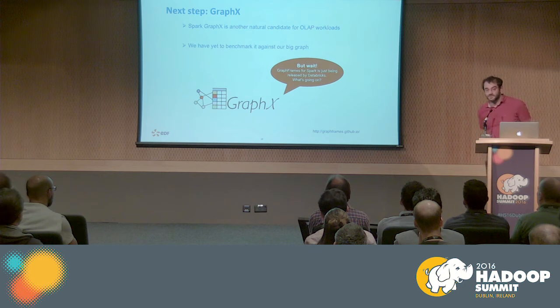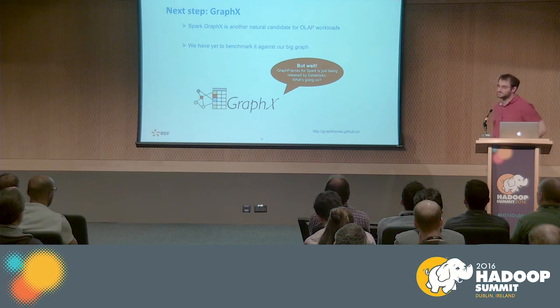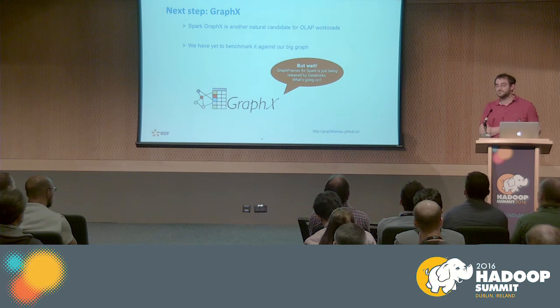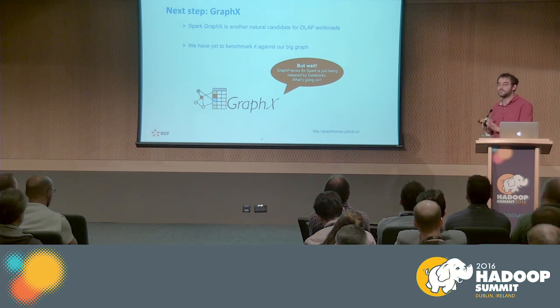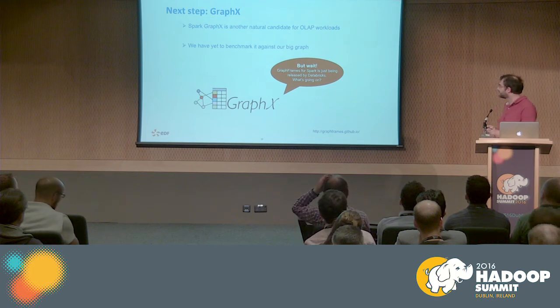GraphX, which was the other candidate, if you remember. We didn't have the time to benchmark it yet. If you remember, we only tested the algorithm. We implemented the algorithm and did a proof of concept with it, but we could not, at the time, run a benchmark. Just didn't have the time yet.